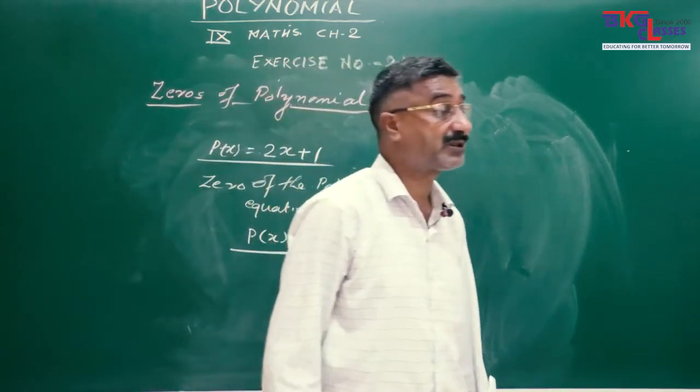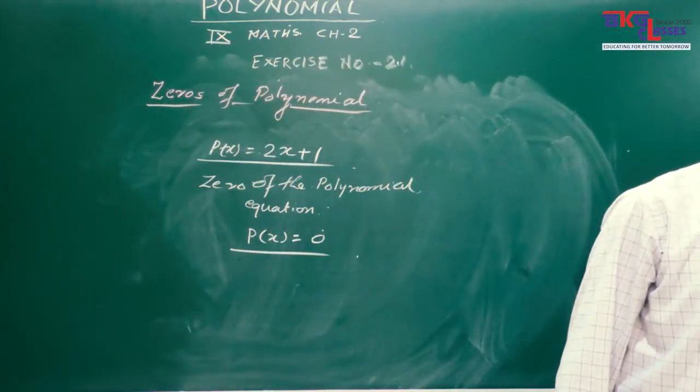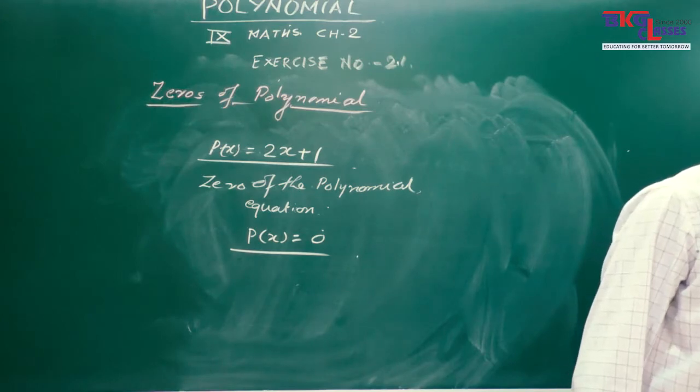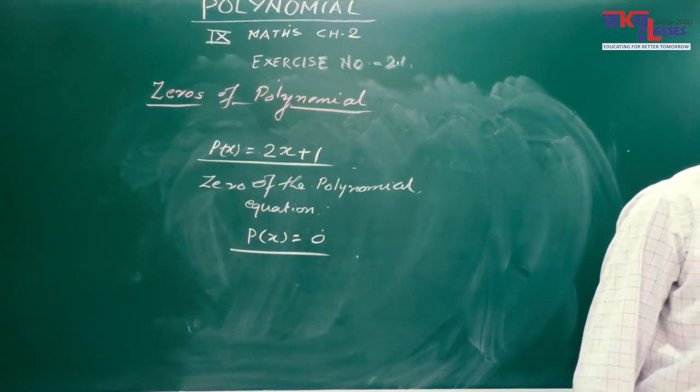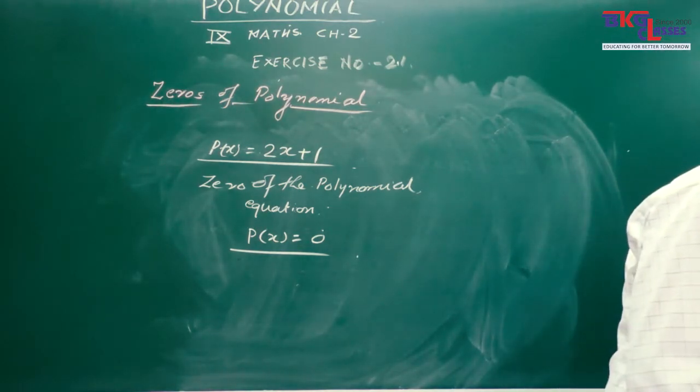If we substitute the value of x, we must get P(x) equal to 0. So, now 2x plus 1 is equal to 0.